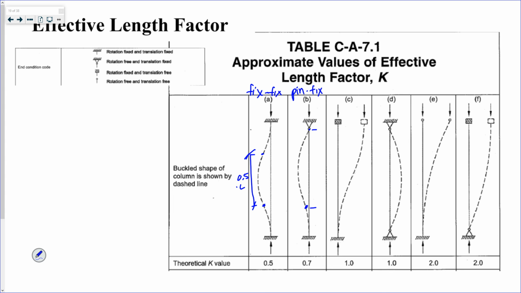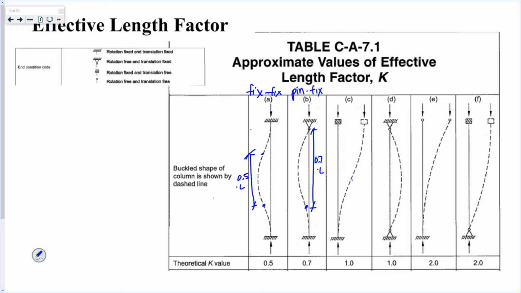So this distance is 0.7 of the whole length of that column. In A, where it changes, the points of inflection are half the length of the column. B is 0.7.